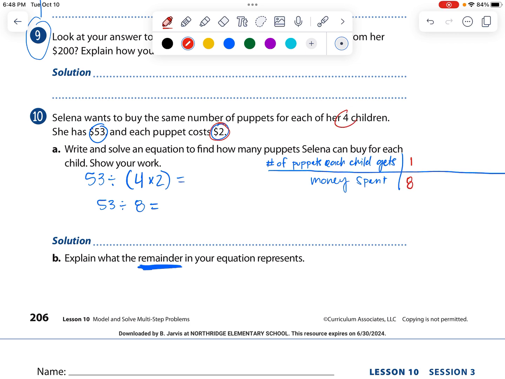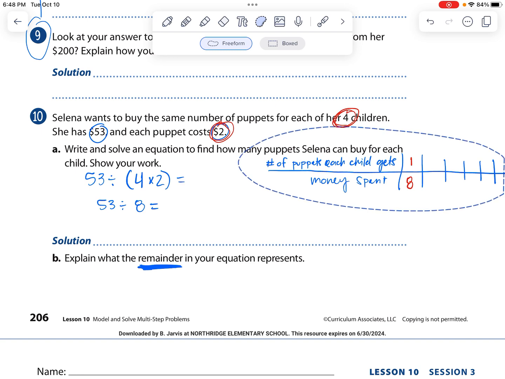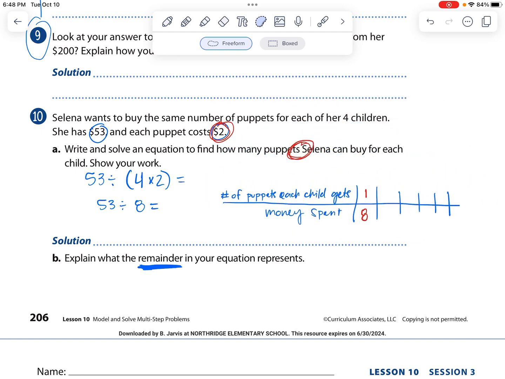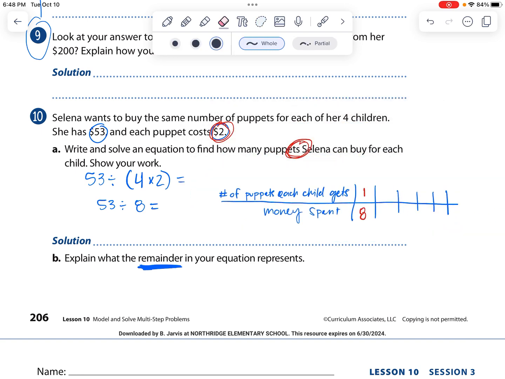That is using these right here. Okay, hopefully I have enough room. I actually might have to move this real quick. Okay, moving it real quick.